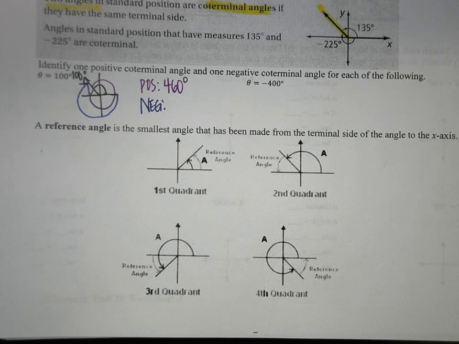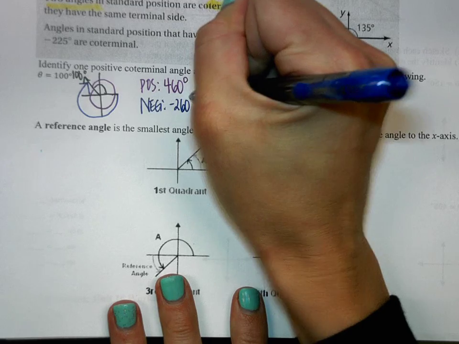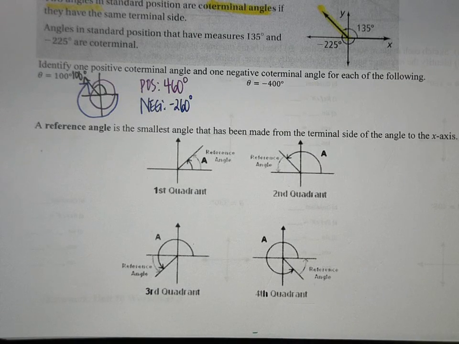Negative 260. Negative 260 is correct. Some of us might not know how they came up with that number. Does anybody know the process you could go through to find it?